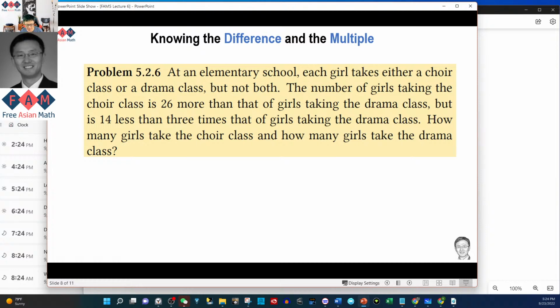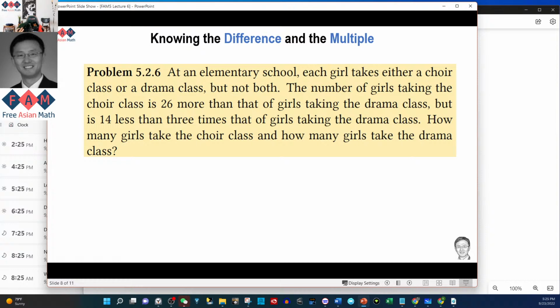Just like in the previous problem, you cannot do both. Either choir or drama. The number of girls taking the choir class is 26 more than that of the girls taking the drama class. But it's 14 less than 3 times that of girls taking the drama class.